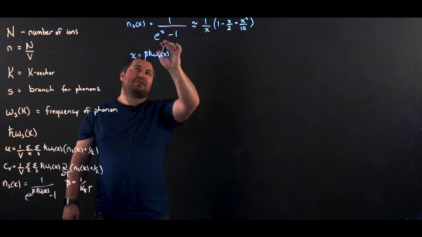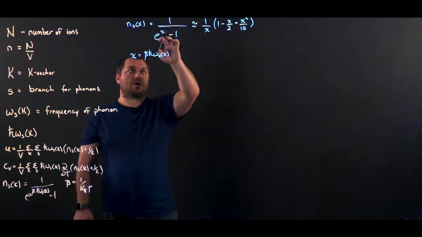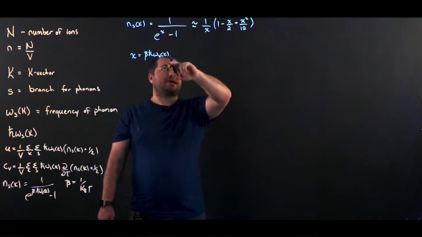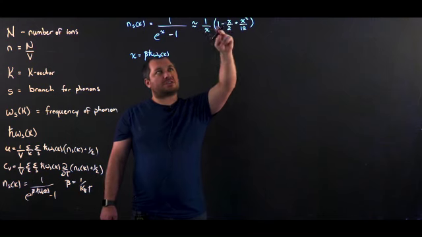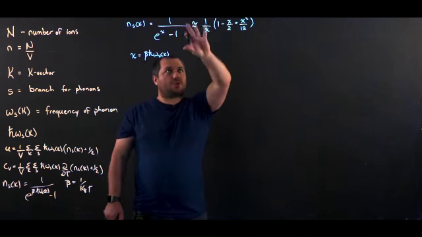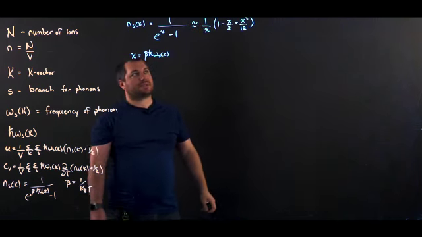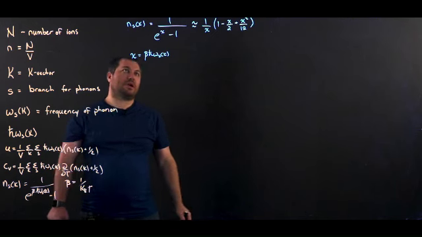And we said that n_s of k, if we substituted the exponent here, our natural exponent's power, which is beta h bar omega_s of k, we were able to approximate it, if we have just e to the x minus 1 here, as this whole thing: 1 over x times 1 minus x over 2 plus x squared over 12.